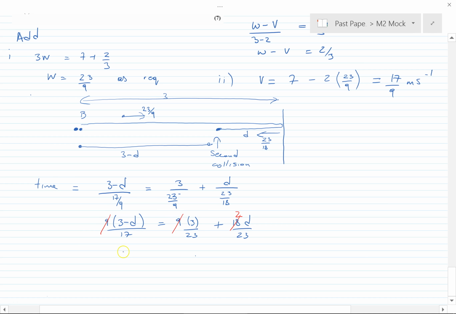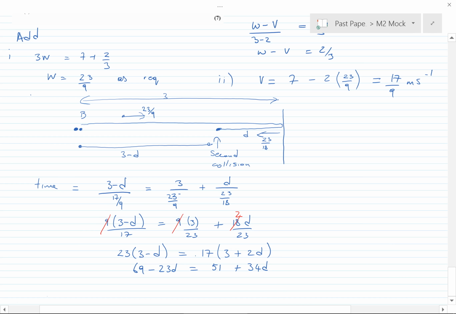Now let's cross multiply. So we have 23 times 3 minus d is equal to 17 times 3 plus 2d. So 23 times 3, that's 69, minus 23d is equal to 51 plus 34d.